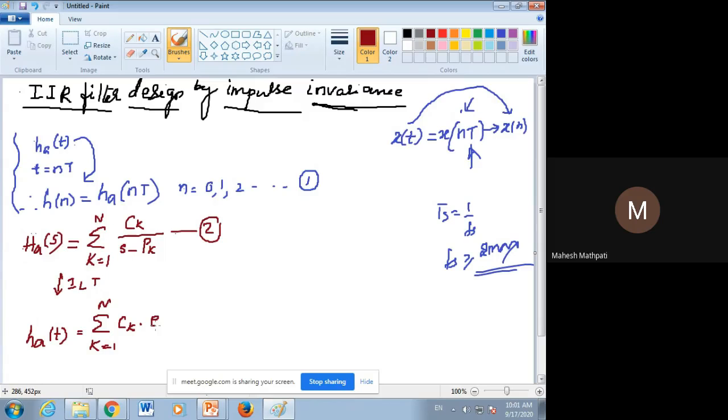It's going to be e power p k t, where t is greater than or equal to 0. Let us call it equation 3.